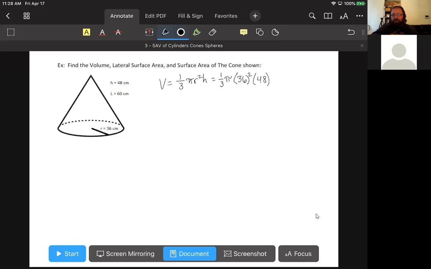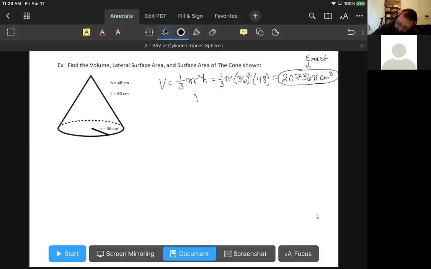So into our calculator, we're going to feed 1/3 times 36 squared times 48, which is a pretty big number. That would be 20,736 pi cubic centimeters. And again, this is our exact answer. So there's the exact answer for the volume.